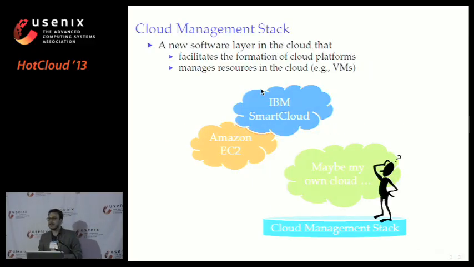So let's talk a little bit about what a cloud management stack is. It's a reasonably new software layer for managing large clusters of machines and providing infrastructure as a service or other types of platform as a service or software as a service. So we have IBM SmartCloud, Amazon EC2, Amazon being the most famous, but there are certain cases where you may want your own cloud, something that is either private or has specific needs.